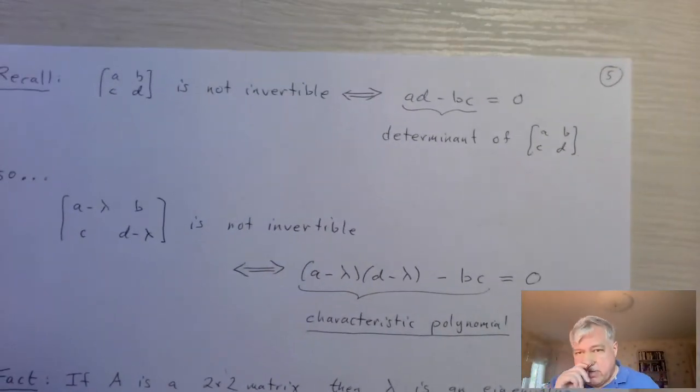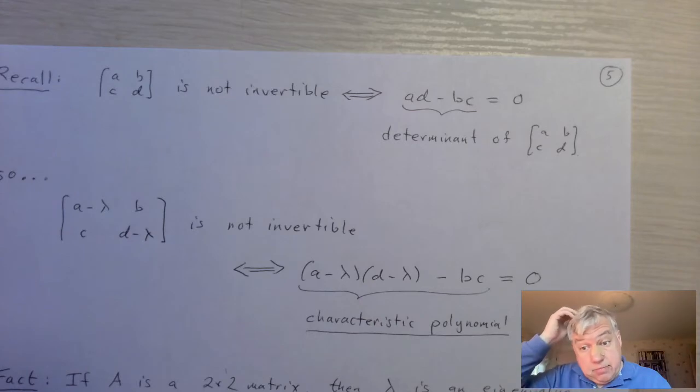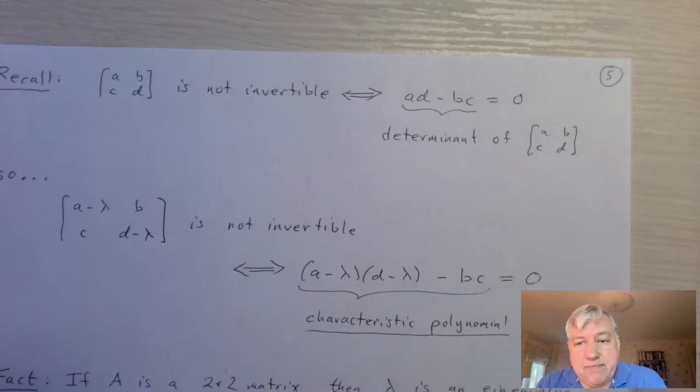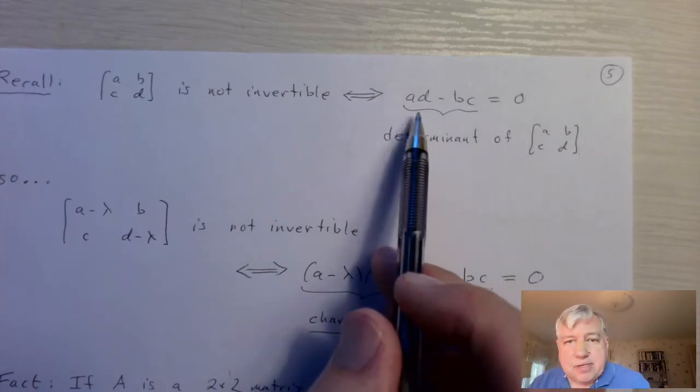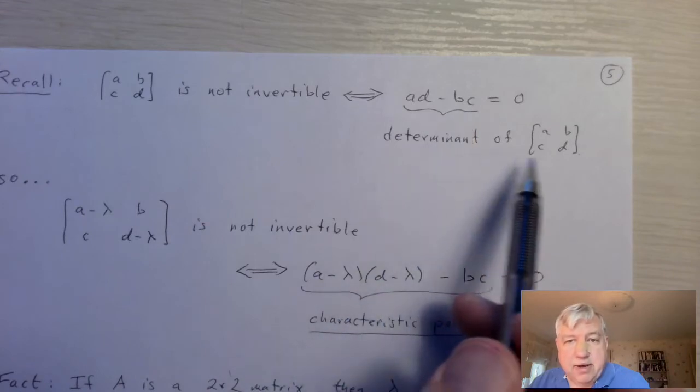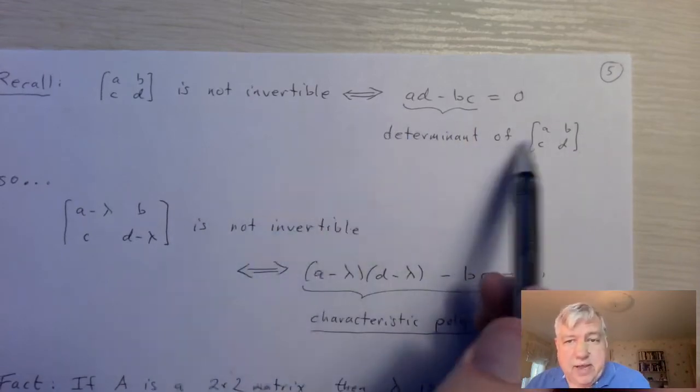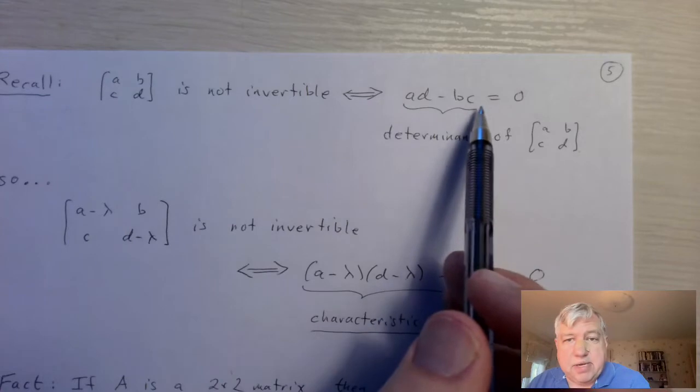We're now going to focus on the case of 2 by 2 matrices, because if you recall, there was a very nice way of computing the inverse of a 2 by 2 matrix, and of course finding the inverse also means determining if it's invertible or not. Not coincidentally, we had this expression called the determinant of a 2 by 2 matrix ABCD, which is AD minus BC.